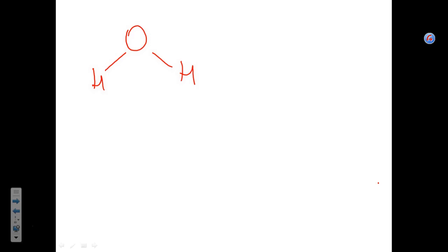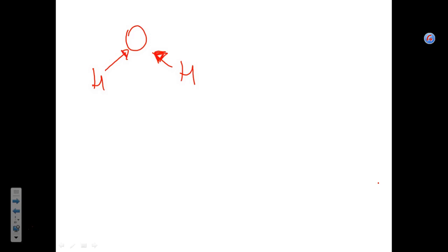The more electronegative an atom is, the stronger it pulls electrons to itself. Think of it as atoms craving electrons. Oxygen is the second most electronegative atom after fluorine, so it pulls electrons towards itself very strongly.